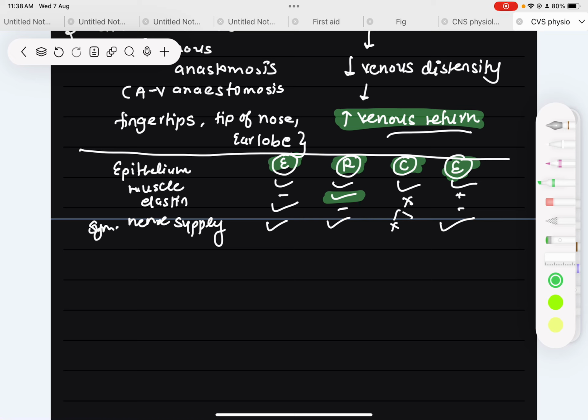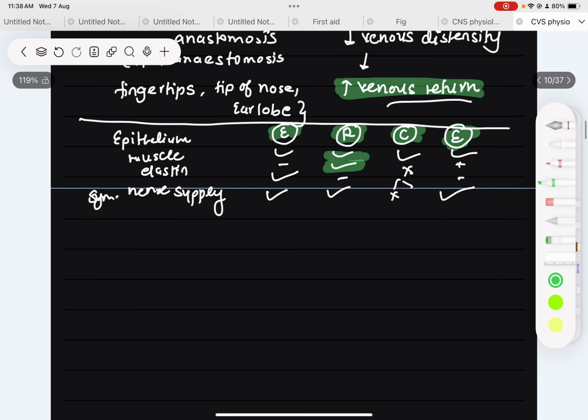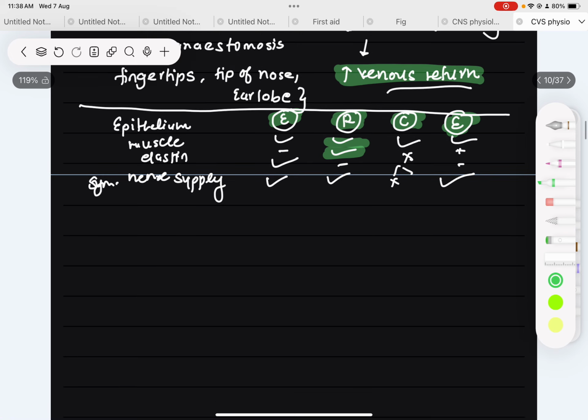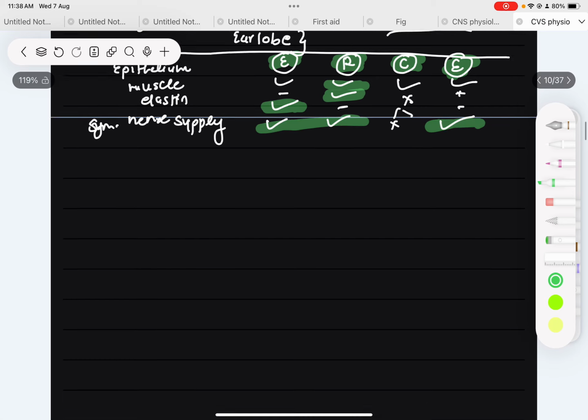Capillary has just the endothelial lining only, but the resistance vessel has a muscle layer, and in venous there is a very thin layer of muscle, which you can count as negligible. Now elastin is mainly in the elastic vessels. Sympathetic supply will be in these three, not in the capillary.